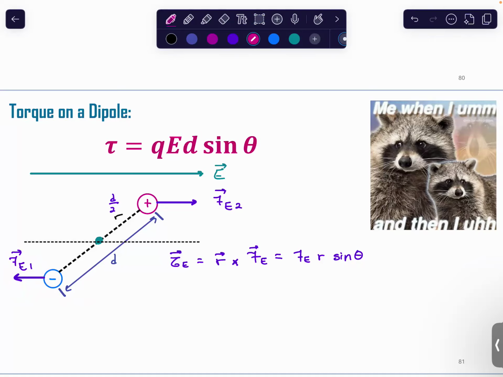Now we have to figure out what theta is. Theta is going to be the angle that your vector makes with the rotation arm. So I can extend out that way. That's your theta, which also means that's theta. It also means that's theta.